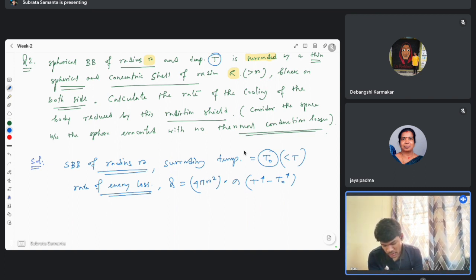So now the energy loss per unit time by the black body after being surrounded by this shell.